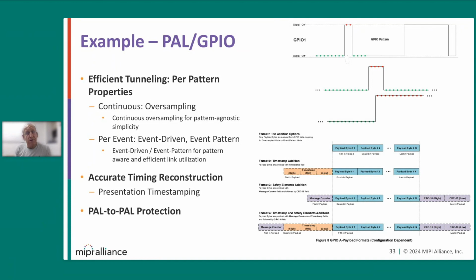But in turn, it consumes a lot of link traffic. So if you have a GPIO that only toggles once in a while, then you can use the event-driven or event pattern mode, and then you efficiently use the link throughput, but you need to somehow understand the changes of the native GPIO.